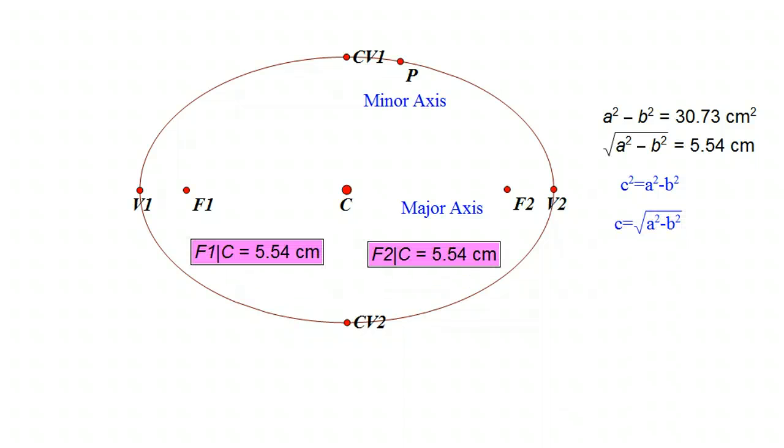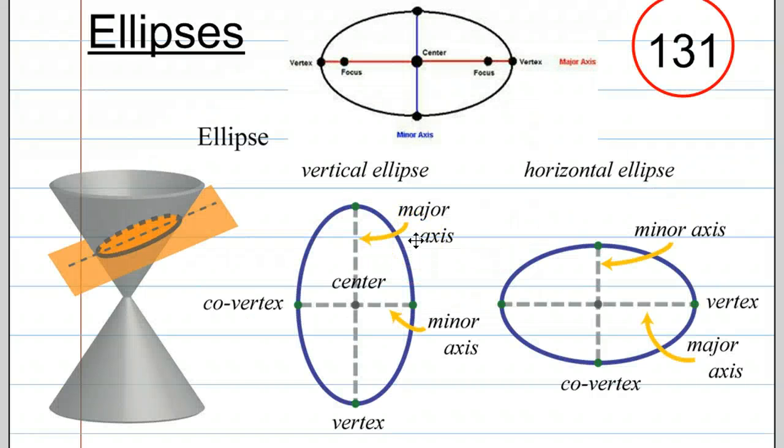Okay? So let's go to our notes. As you can see here on page 131, I've shown you how an ellipse is formed by the intersection of a plane and a cone, and I've also shown you two different types of ellipses. A horizontal ellipse, which we just saw, is horizontal because the major axis is the horizontal line segment.